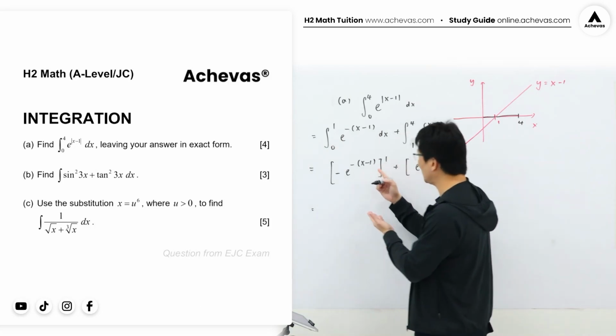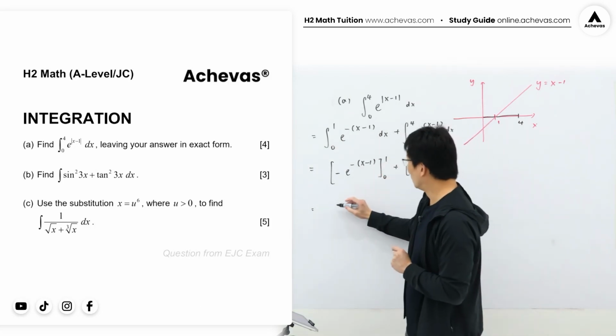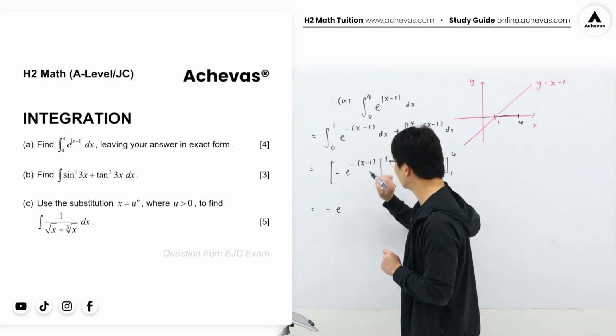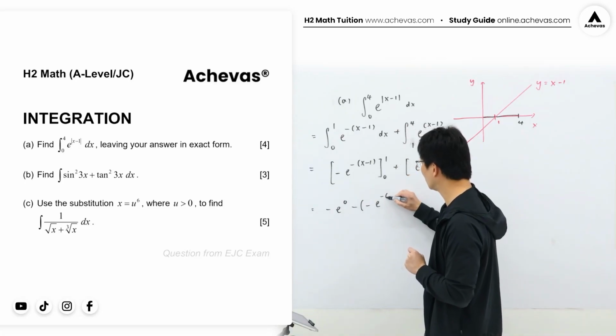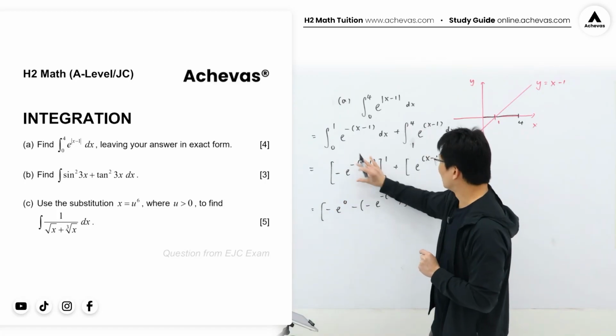So we are just going to put in the limits and simplify the result. This will give me minus e, when you put 1 inside, it will just be power of 0. Then minus of minus e to the power of minus of minus 1. This will be the first expression.